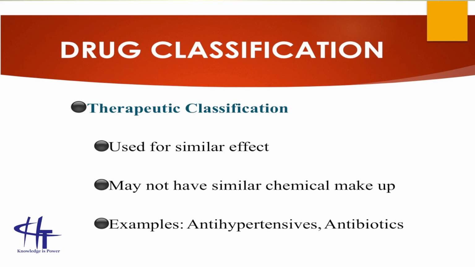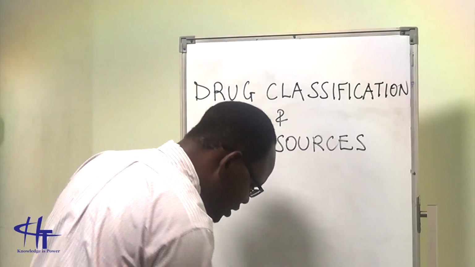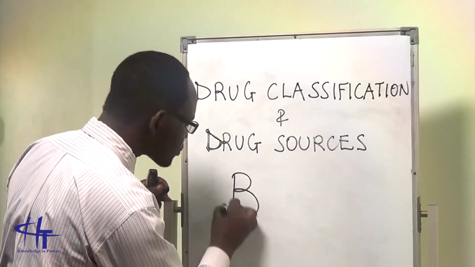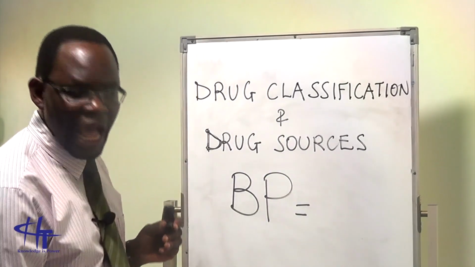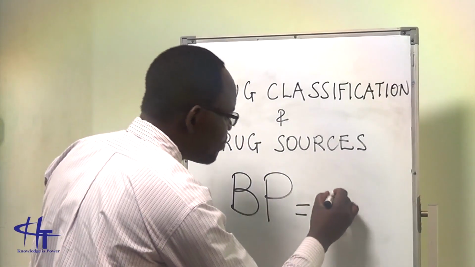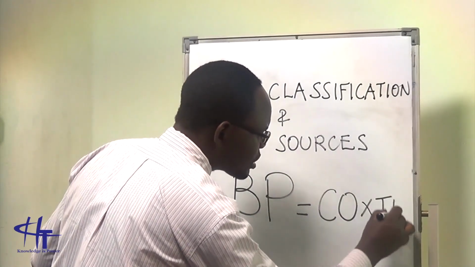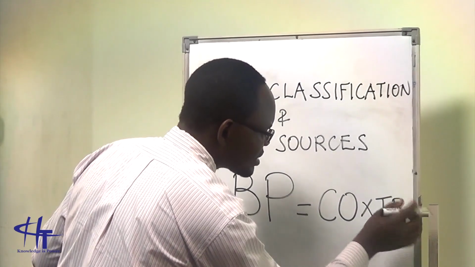That is what we refer to as therapeutic classification. Like, for example, we have so many antihypertensives. At the end of the day, remember, for a hypertensive patient, the problem is blood pressure. And we know very well that blood pressure is a product of cardiac output and total peripheral resistance.